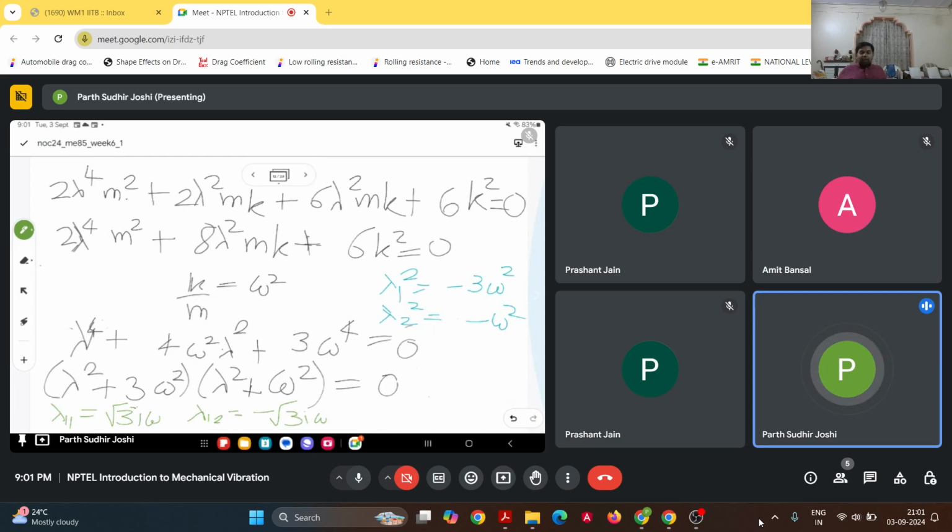So you can see that they are complex conjugates of each other. Lambda 1 1 and lambda 1 2 are complex conjugates.